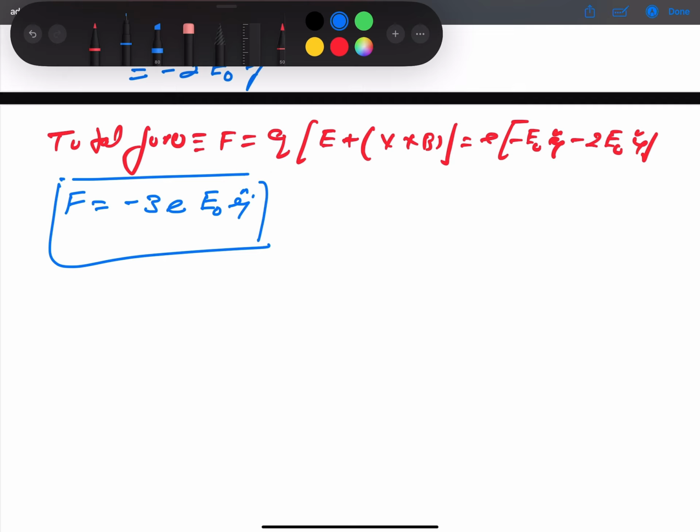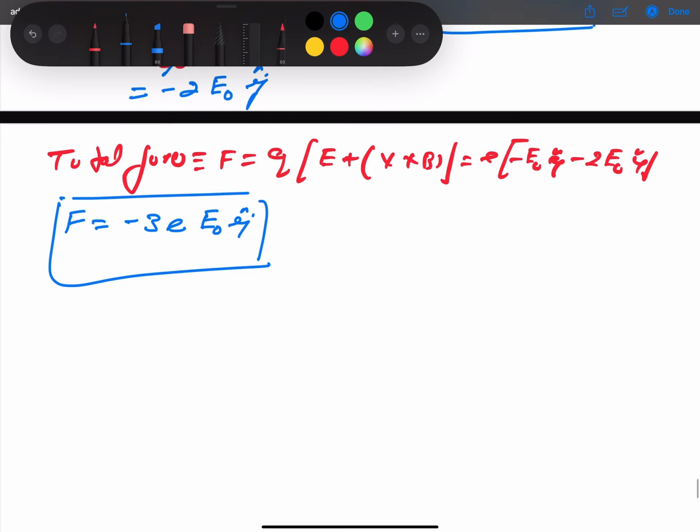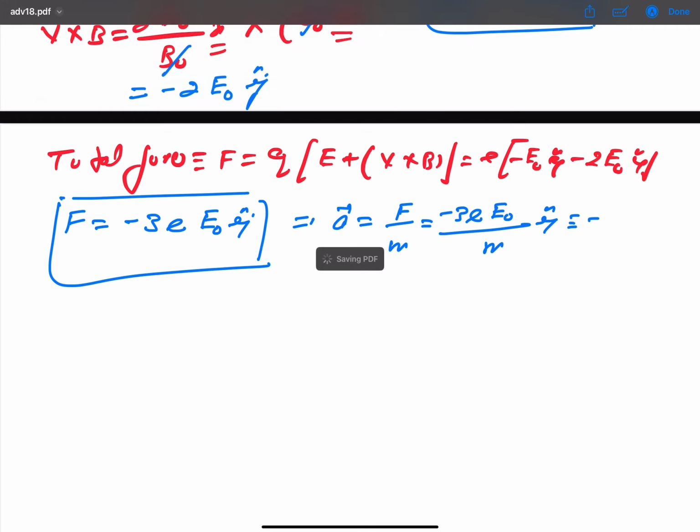This is the force on the charge, in this case our proton, and therefore we can also find the acceleration, which is force over mass, giving minus 3 E E naught divided by mass m Y unit vector. So obviously it is along our minus y axis.